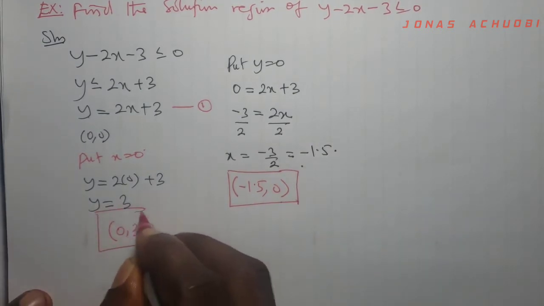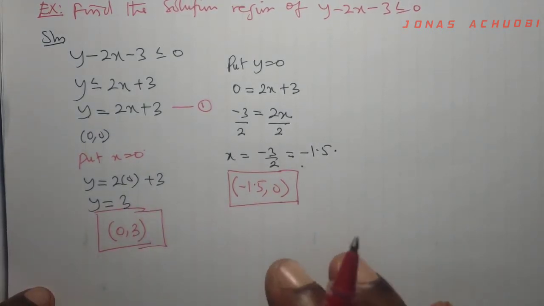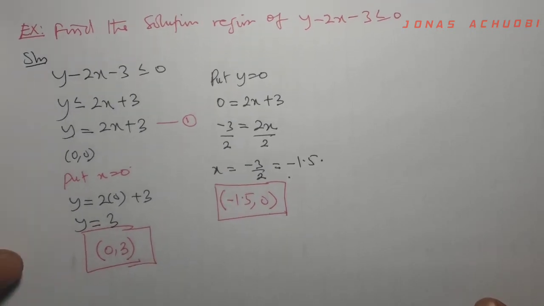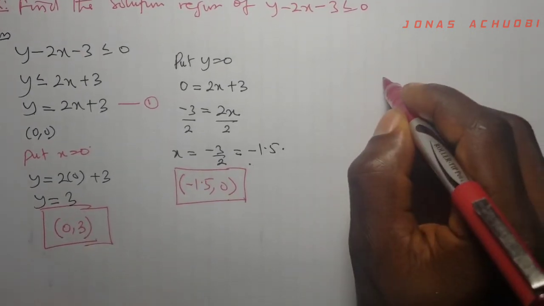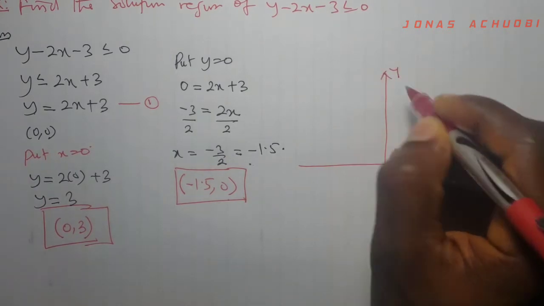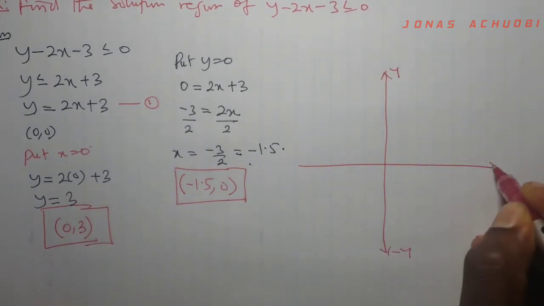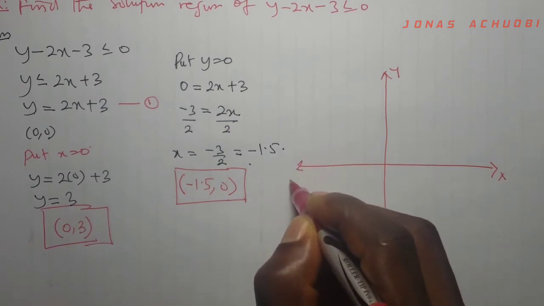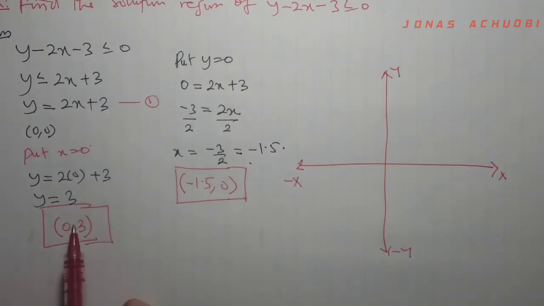The next step now is to go to our xy plane and represent these points. So I'll just draw the xy plane here. This is my xy plane. This is your positive y. This is your negative y. Positive x and negative x. So the first point is my origin. Remember, this is 0, 0.